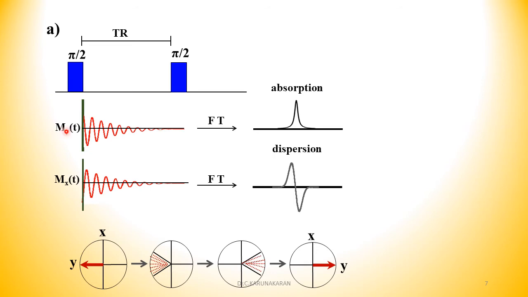The magnetization along My decreases after some time. Since it is along the My axis, Mx will be 0. With increasing time, it increases and then decreases. On Fourier transformation, the dispersion spectrum is obtained.